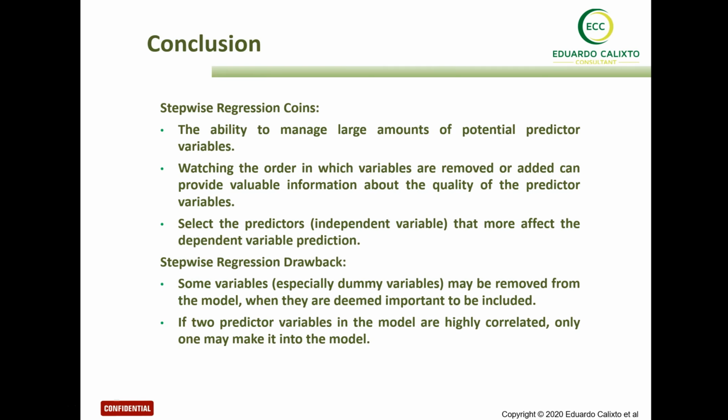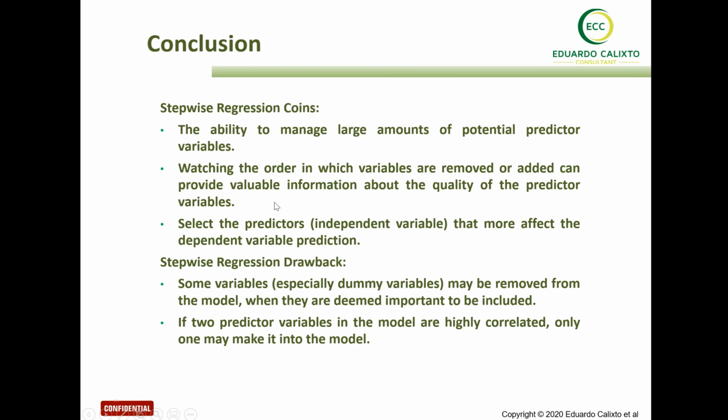So as a conclusion, we need to highlight the points and the drawbacks of the stepwise method. Stepwise methods have the ability to manage large amounts of potential predictor variables. Watching the order in which variables are removed or added can provide valuable information about the quality of prediction variables.